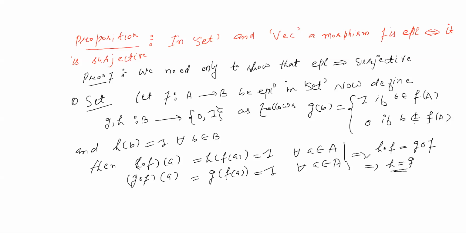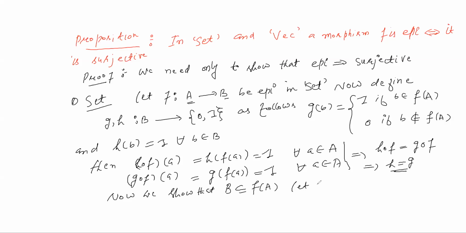So once h is the same as g, I will show that any b in B has a pre-image. In other words, we show that B is a subset of f(A).